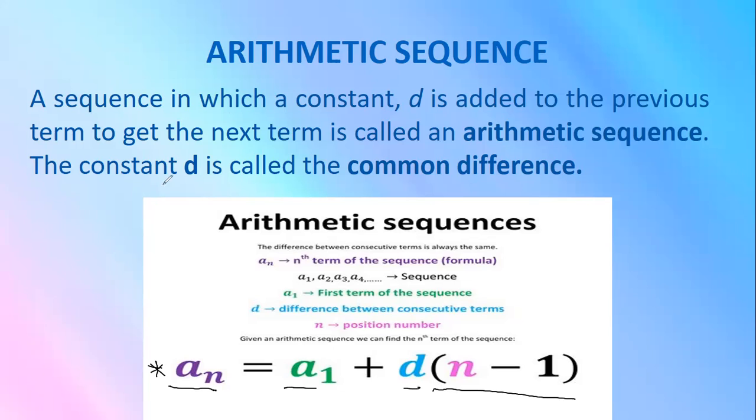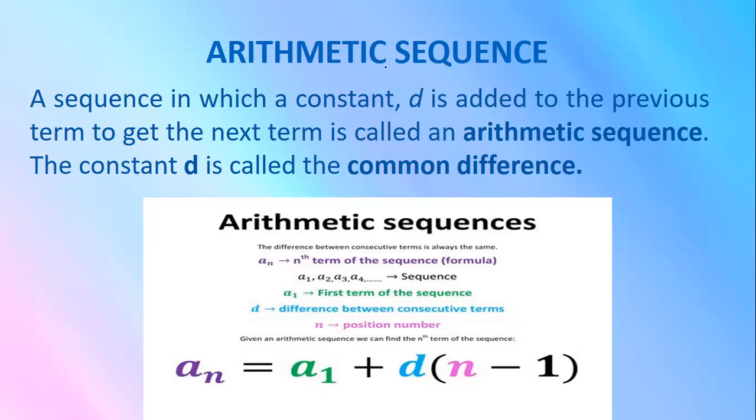Pero kadalasan, yung d, sa mga formulas, nandito yung d. So isulat natin yung a sub n, which is equal to a sub 1 plus n minus 1 multiplied by d. Parehas lang naman siya, by commutative property for multiplication. Okay.